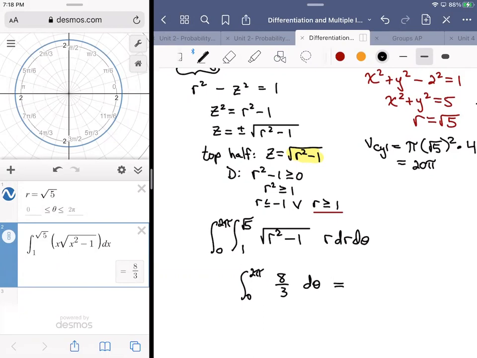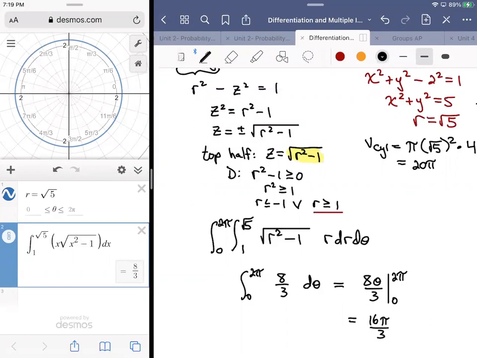Let's do a little bit of work first, then go to the calculator. Now we're going to the calculator to do a little bit of work on our own. So 8 theta over 3, going from 0 to 2 pi. So we're looking at 16 pi over 3.